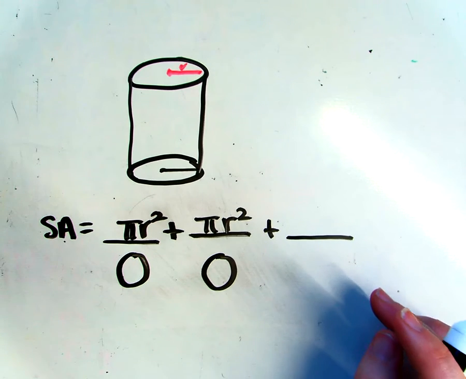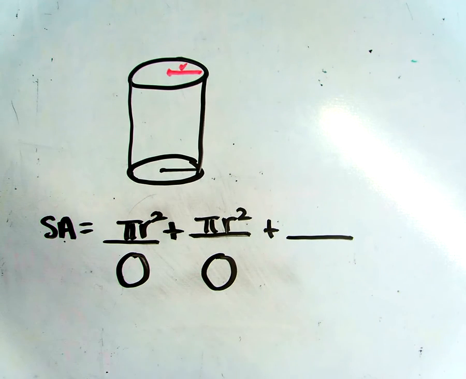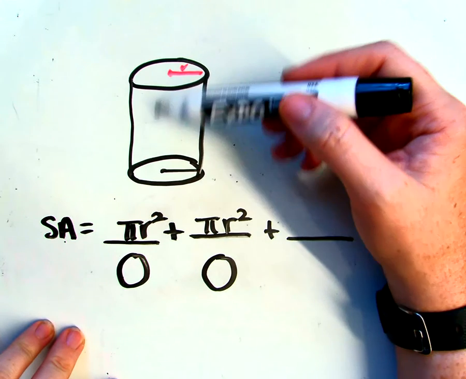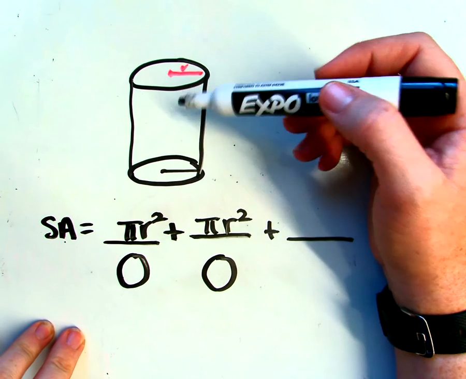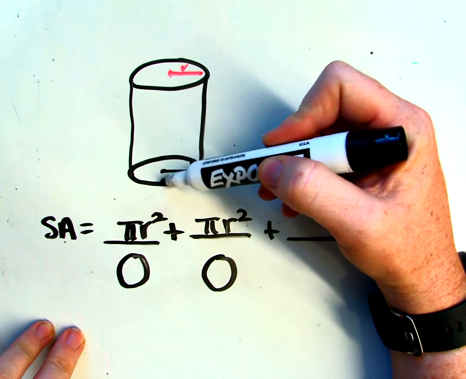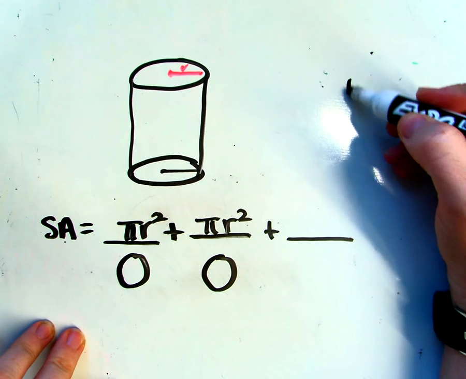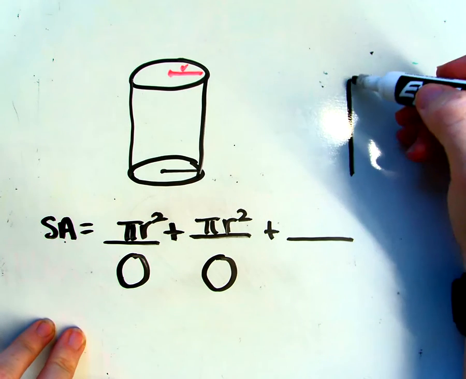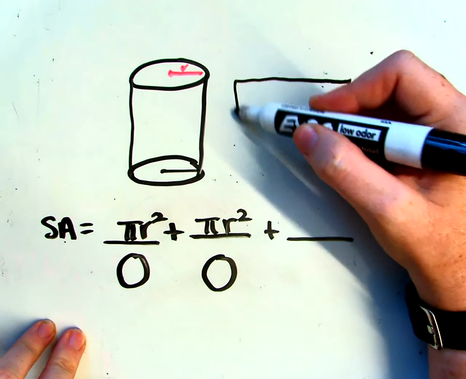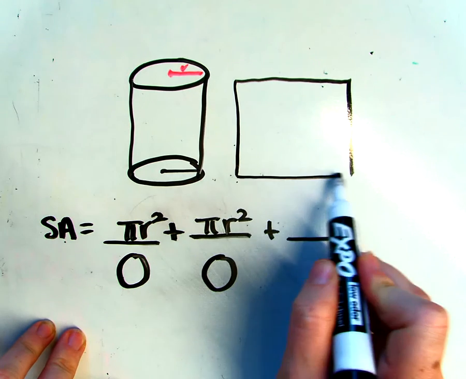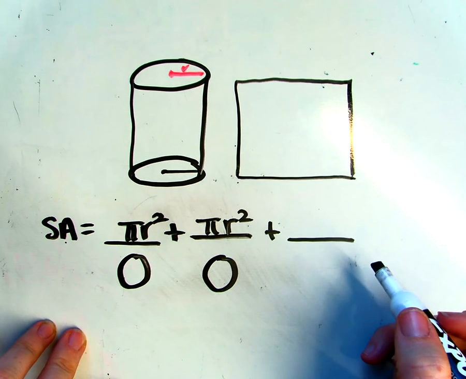And so we have to think about, what shape does it become when I unwrap it? Well, if you imagine this as a roll of wrapping paper, if you were to start unrolling it, it would be flat, and you would actually end up with a rectangle.